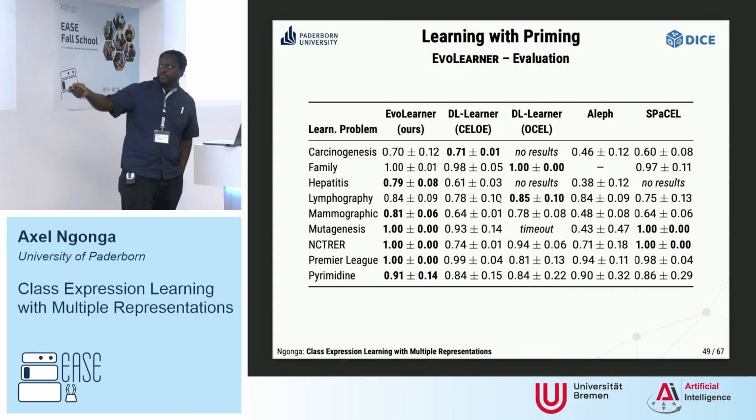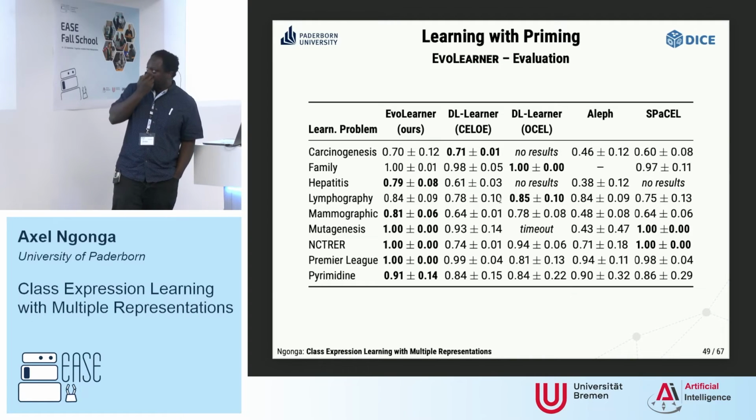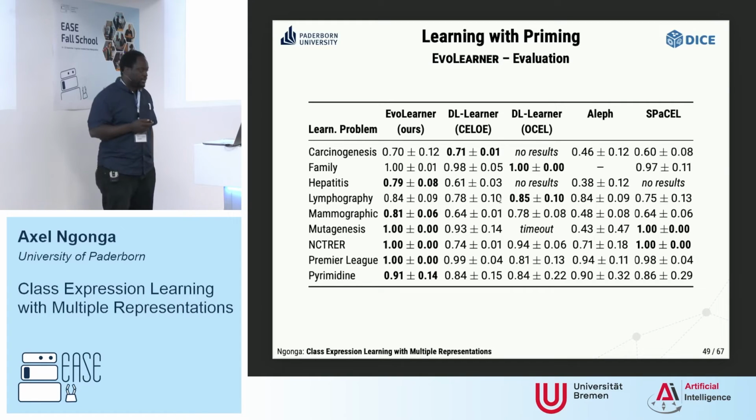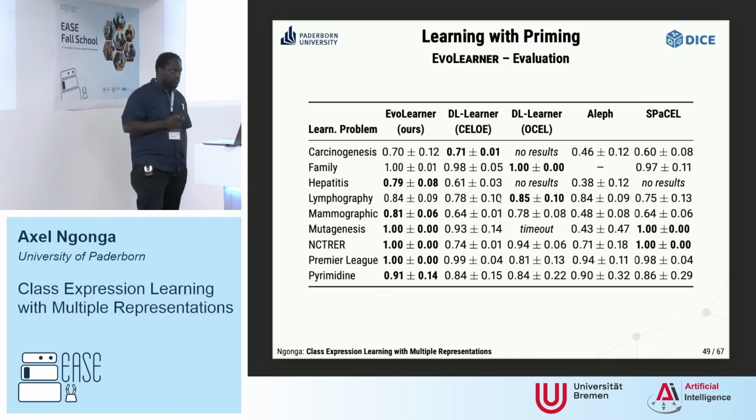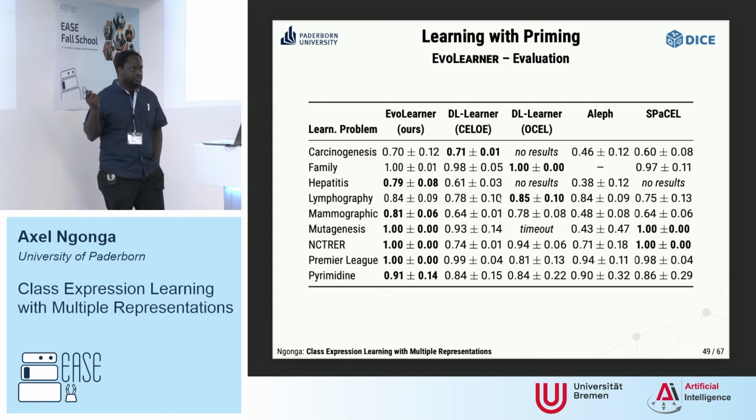Well, it turns out it performs rather well on most data sets. So even on rather difficult data sets like hepatitis, the results actually are significantly better than what was available so far. The major problem here, obviously, is that this algorithm is non-deterministic. So if you look at the standard deviation here, it's actually pretty high, especially when you're dealing with complex problems.